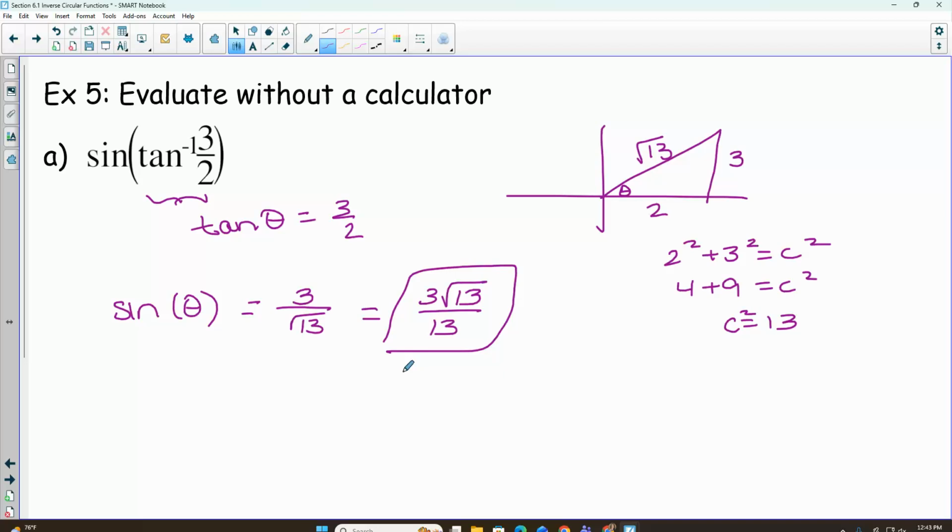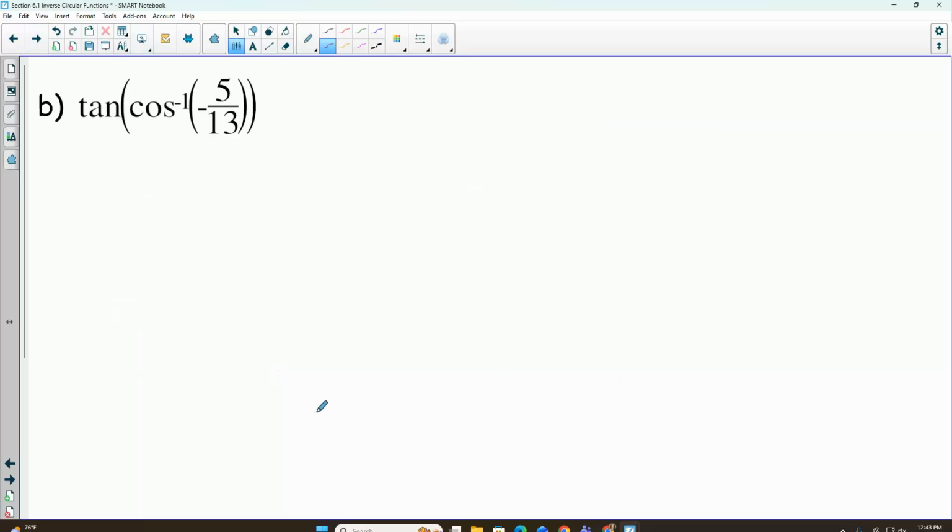What questions do we have there? So if I look at this one, again, I don't know this angle, but what that means is cosine of some angle is equal to negative 5/13.